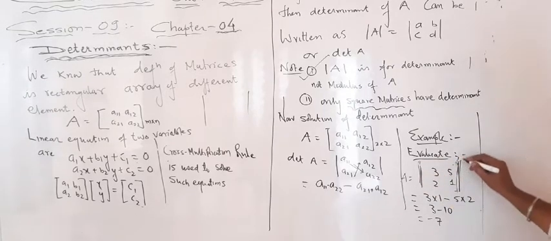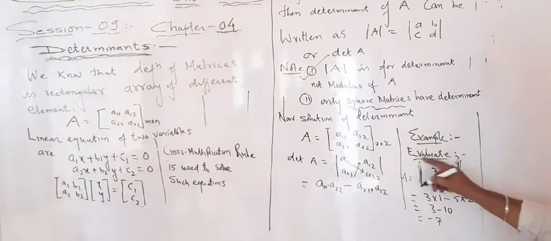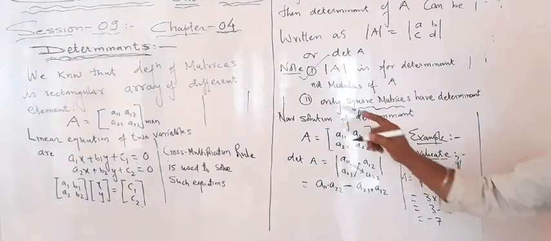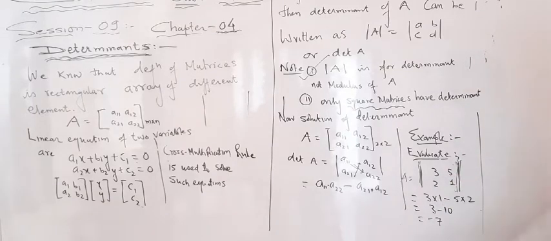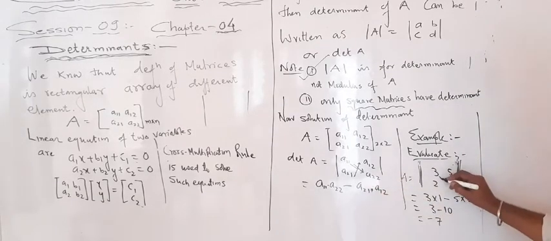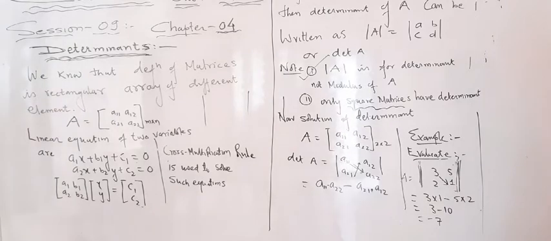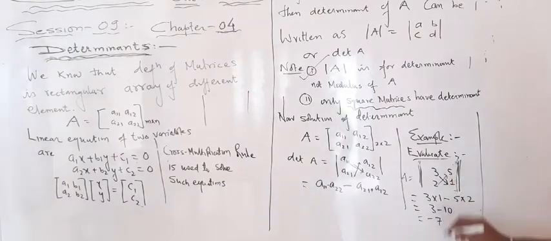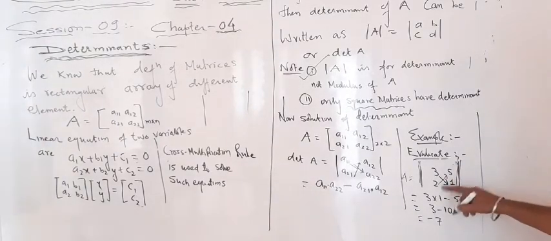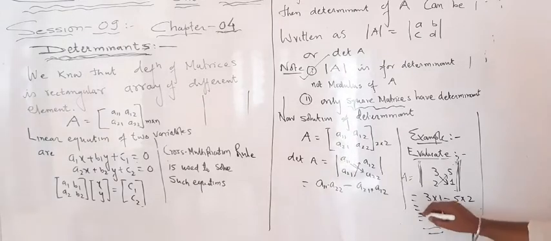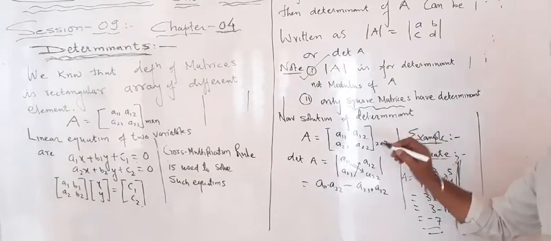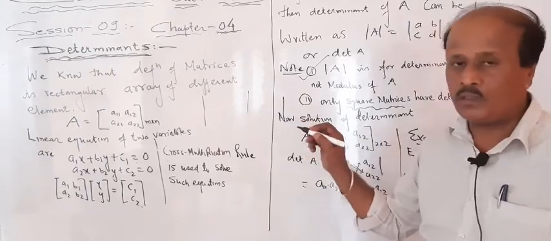If it is in the form of a determinant and they say evaluate, it's a question of a determinant. Suppose 3, 5, 2, 1 are the elements. See the cross multiplication method. Multiply 3 with 1 and multiply 2 with 5. When you multiply from down to up, put a minus sign in between. So 3 times 1 is 3, minus 5 times 2 is 10, 3 minus 10, minus 7 is the answer. So this is the first example of order 2.